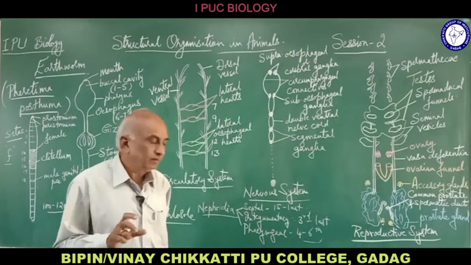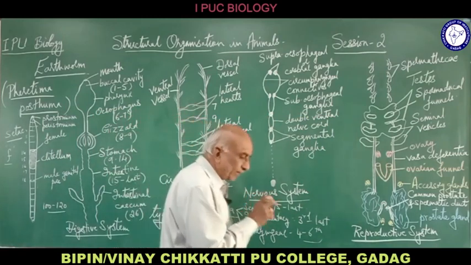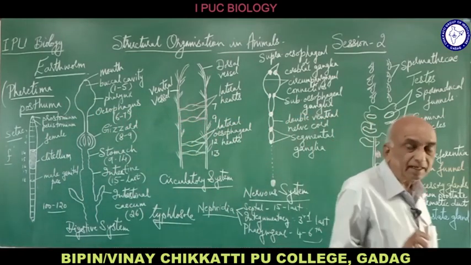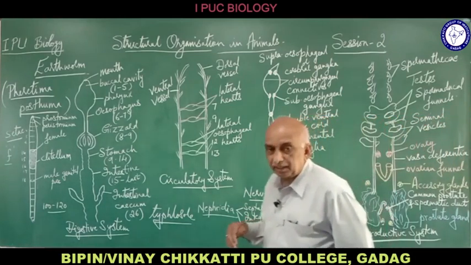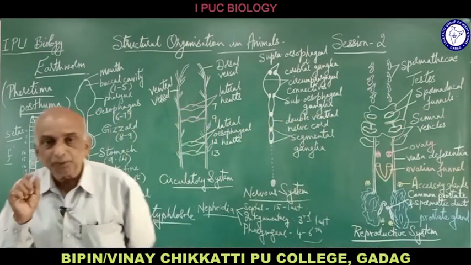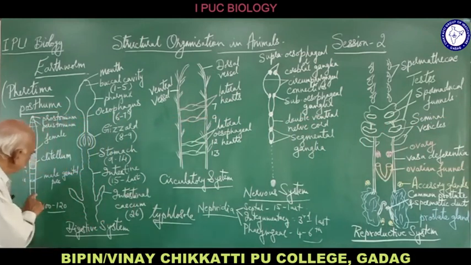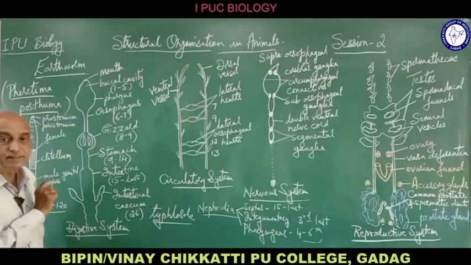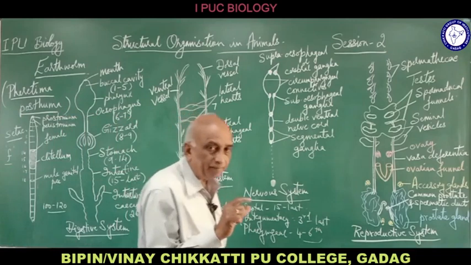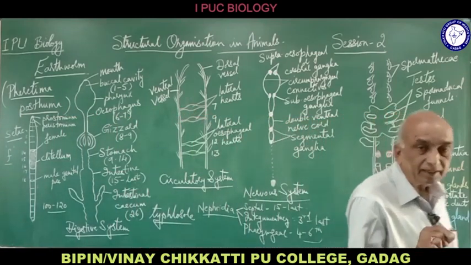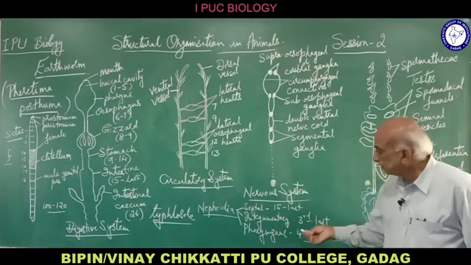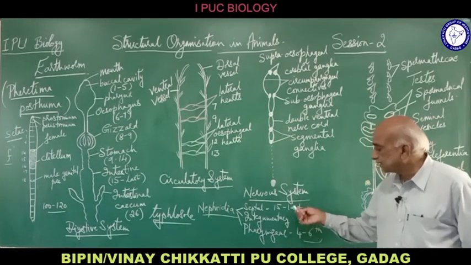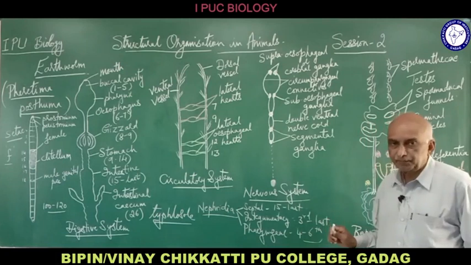They collect the waste material, the excretory material, from inside the body, and that material is sent out through pores which are present on the surface of the segments. Each segment has openings of the nephridia, which we call the nephridial pore, and that waste material is sent out by these types of nephridia.